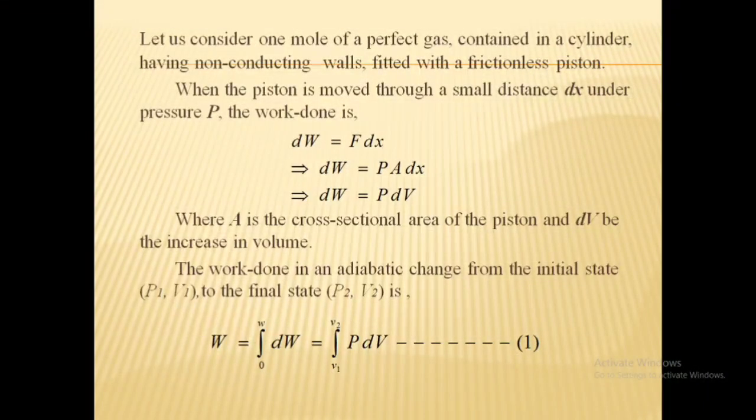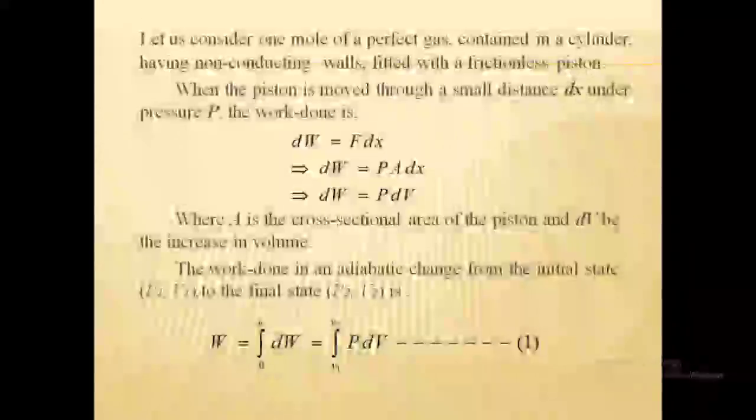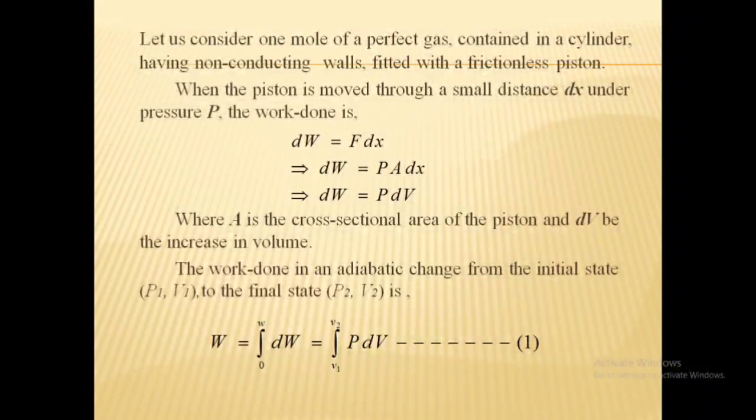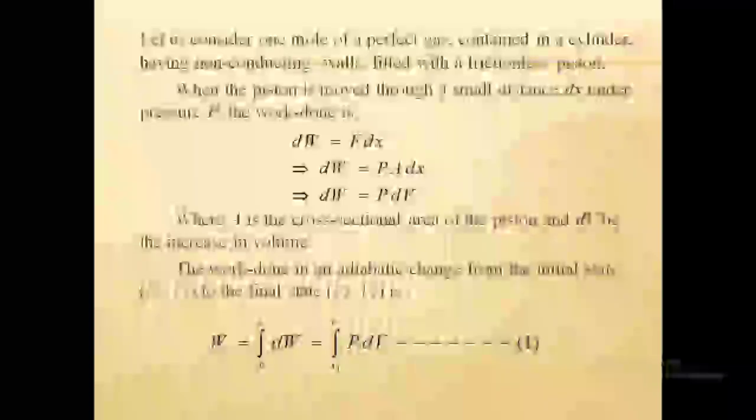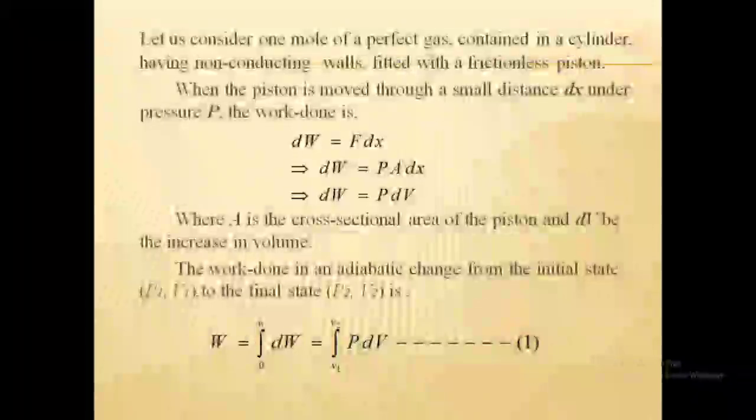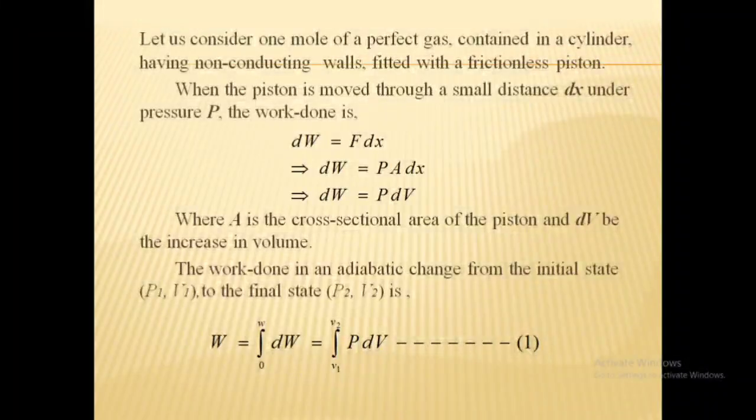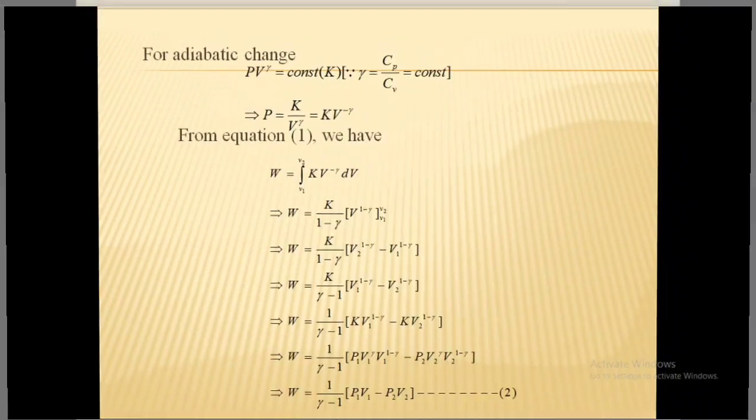That implies W equal to integration P dV. In case of dW we put P dV, and since volume is the variable, the limit is V1 to V2. The lower limit of V is V1, the initial volume of the gas, and V2 is the final volume of the gas, the upper limit. This equation is marked as equation number 1.